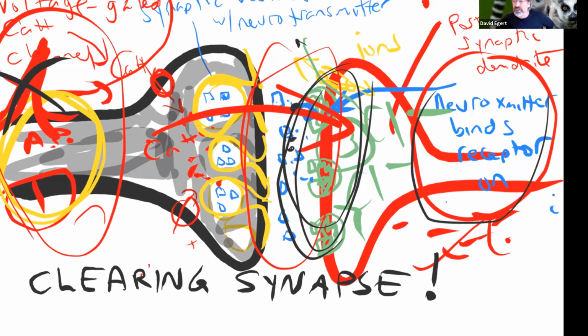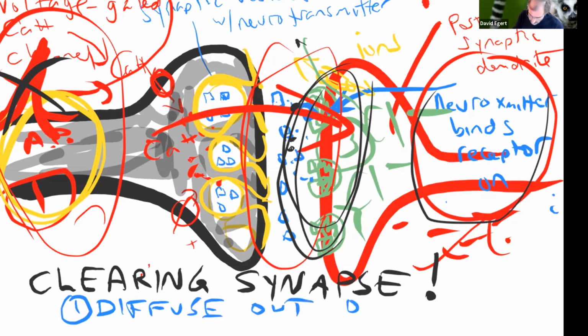What's the most fundamental thing that's going to get the neurotransmitter out of there, just from the stuff you already know about little molecules floating around? Diffusion, exactly.